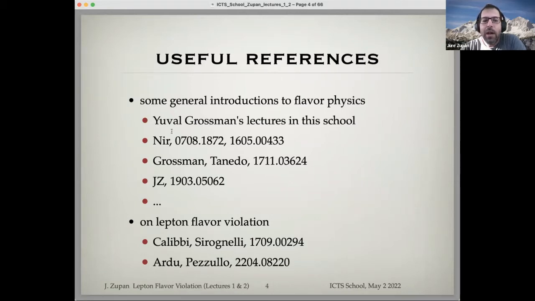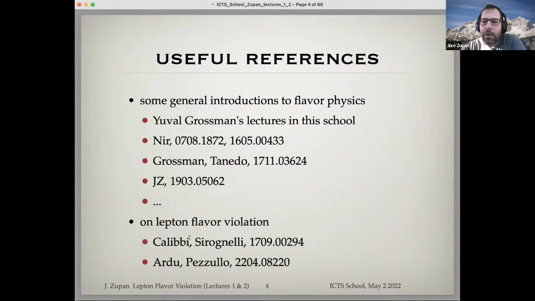It's excellent. Another set, which is great to read over, is from Yosinir. These are five-year-old lectures, but they are perfect, I think. There are some newer ones, including mine.